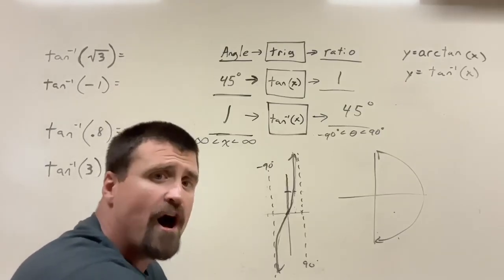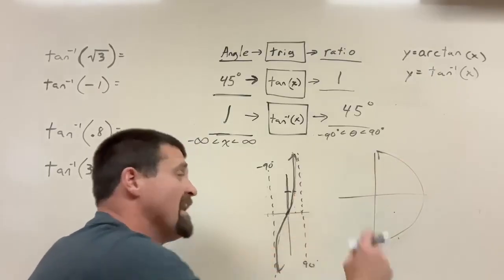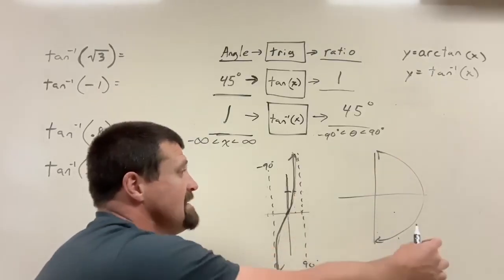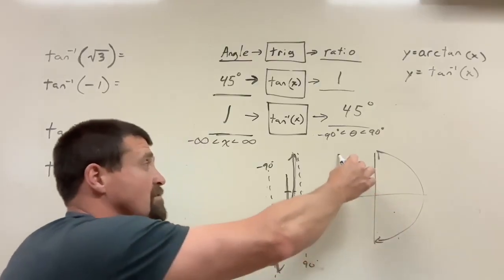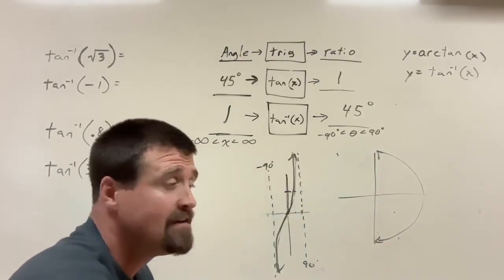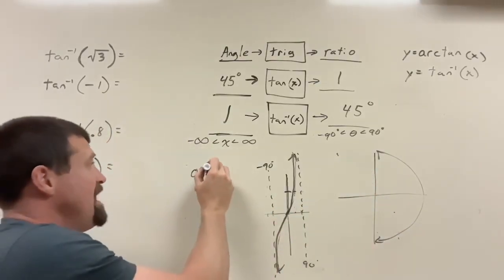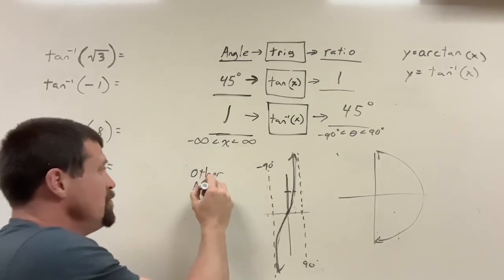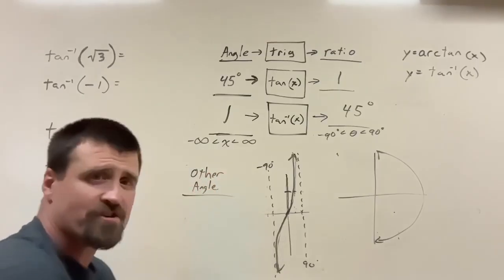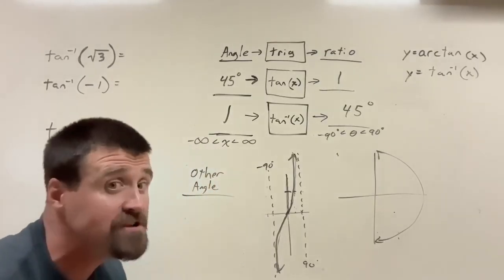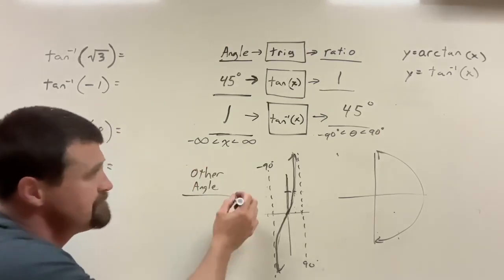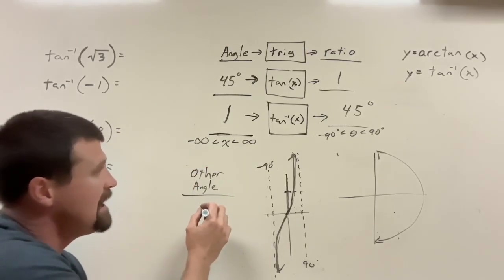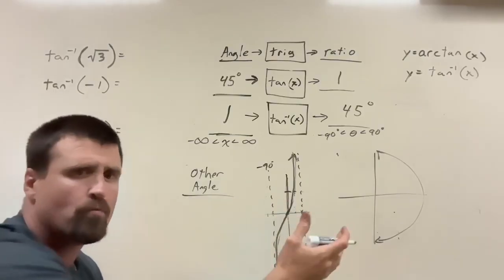If you want the other angle on the other side of the unit circle, the angle that has the same tangent is the angle directly across from it in the opposite quadrant. The formula to give us that other angle is pretty valuable when you're solving equations or have some real world application.